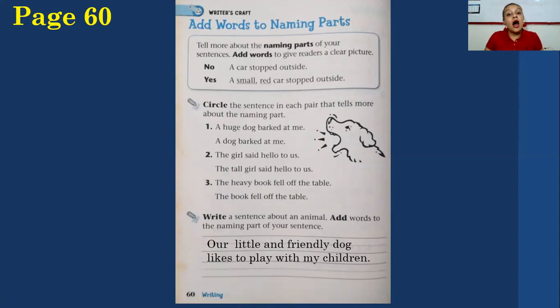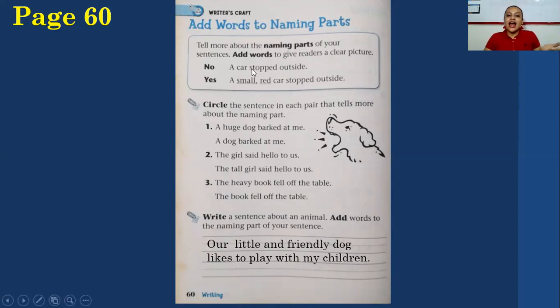Ah, a small and red car. Now I am giving you specific details or characteristics of a car. A small and red car stopped outside. Look, I already added small and red to give you a very specific idea or characteristics of this car.